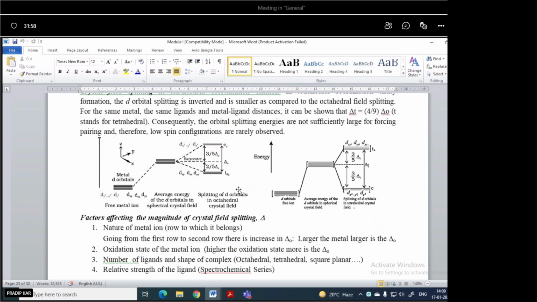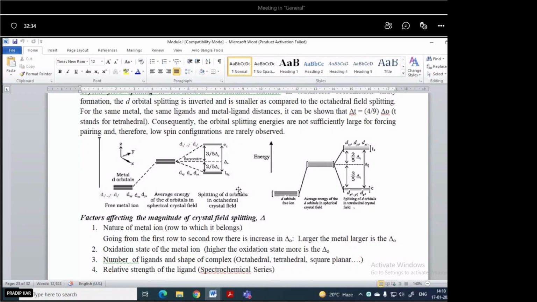In the octahedral field, meaning when it is forming 6 bonds with the ligands, splitting is observed: from the center, the barycenter, 2/5 of delta O is stabilizing, and the 3 T2g orbitals are present in lower energy, 2/5 of delta O below.